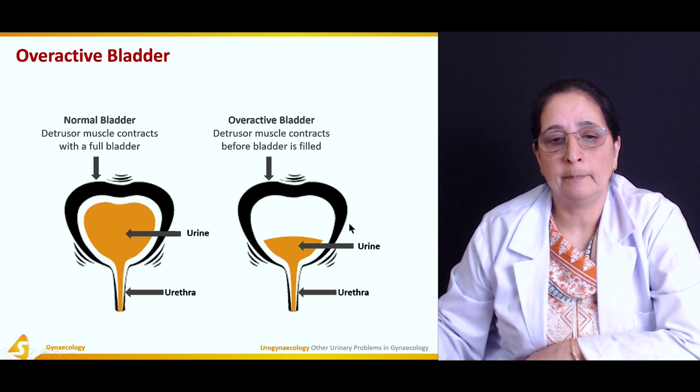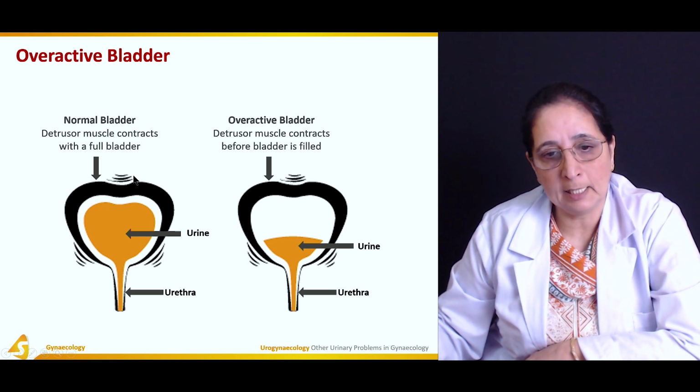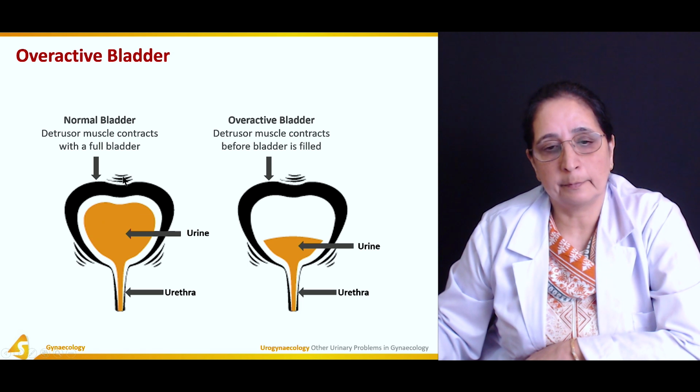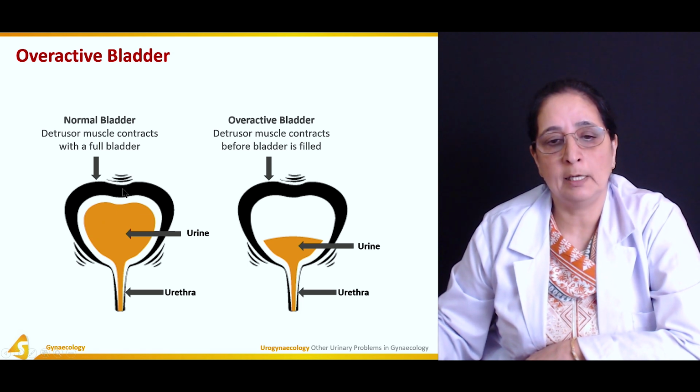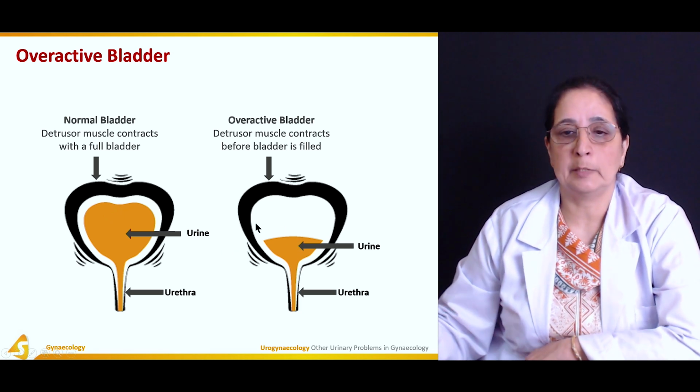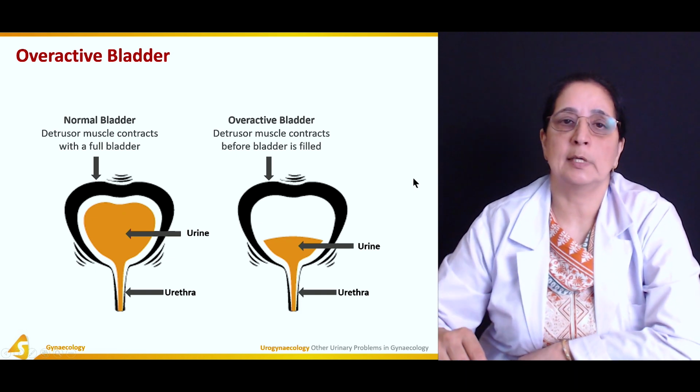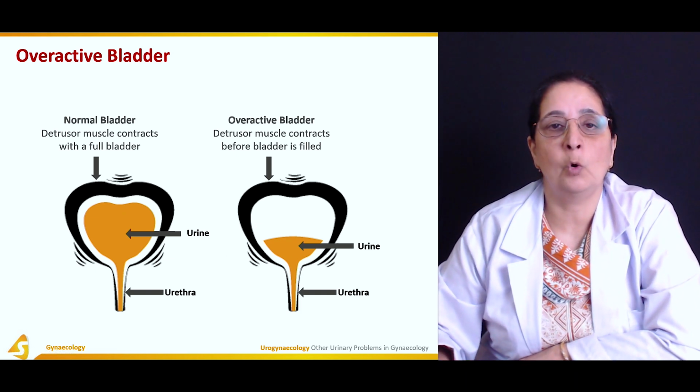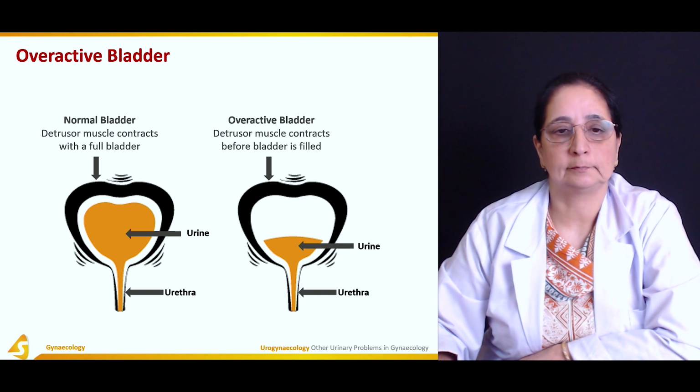So here you see in this normal, the detrusor muscles start contracting and pushing the urine out when the bladder is filled with the urine. But here even when very little urine is present, the detrusor muscles start contracting in overactive bladder.